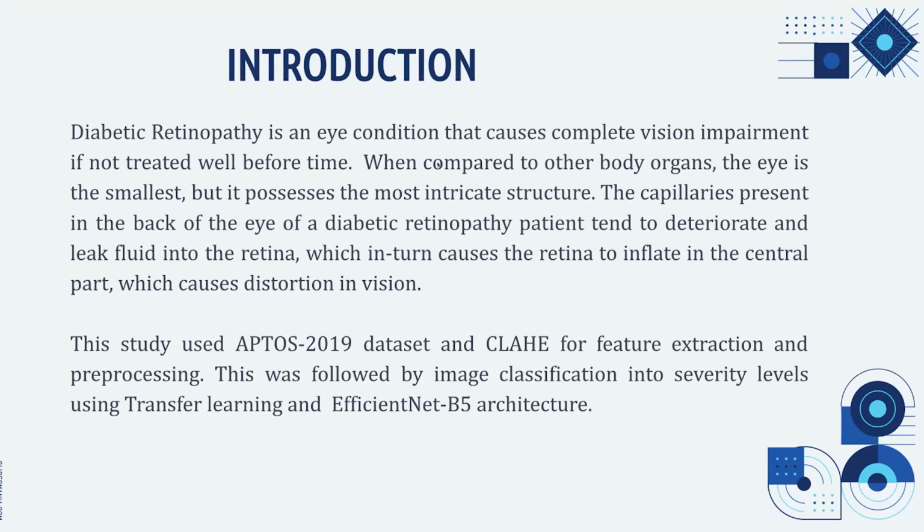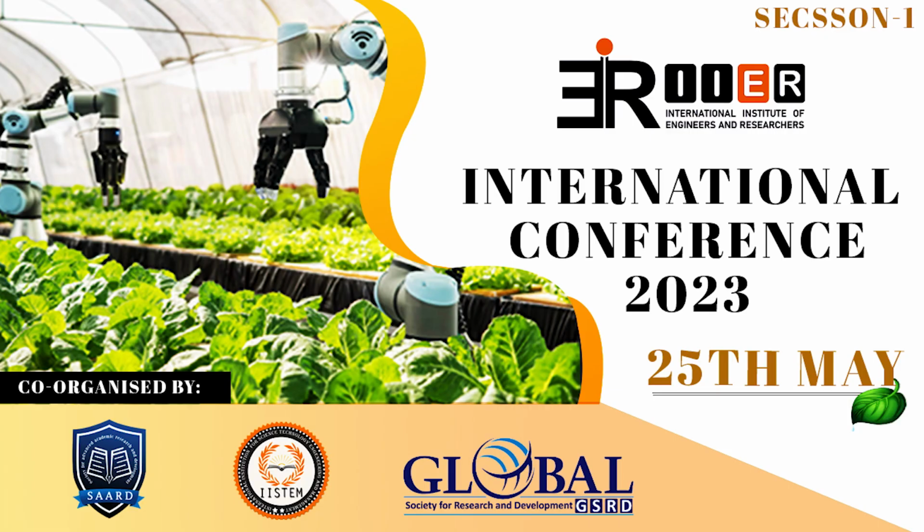Several pre-processing techniques such as resizing, grayscale conversion, Gaussian blur, thresholding, contour detection, CLAHE, and median filtering were applied to improve the picture quality and make it easier for the neural network to understand the lesions in the nerves which are present inside the eye. Convolutional neural networks, primarily EfficientNet B5 in the study, were used for feature extraction and classification. Finally, we achieved an accuracy of 96.11%.